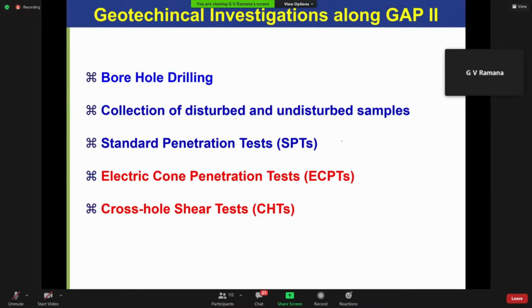I was lucky enough. The DDRP, Dam Design Review Panel, and the Central Water Commission were kind enough to get me involved. Besides regular borehole drilling, collection of undisturbed samples and some SPTs, which are very routine tests which we need to have, we did ECPT, electric cone penetration tests, and cross-hole shear tests.